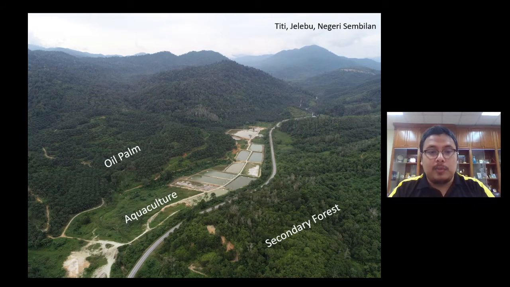Okay, so you can find the difference in the oil palm plantation. Let's say you want to find a certain weed. You can find different weeds in the oil palm plantation, probably the human disturbed area in this aquaculture area, or probably in the secondary forest. So probably you can have different vegetation from these three different sites. If you want to look at one species, you can find these differences between the strata.